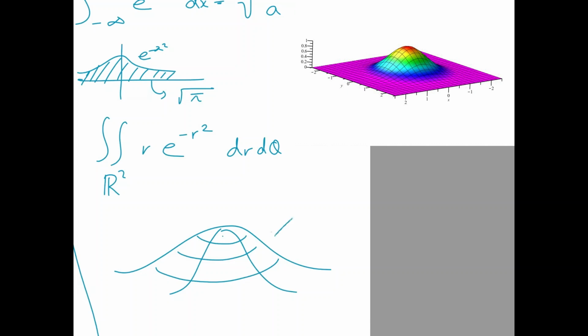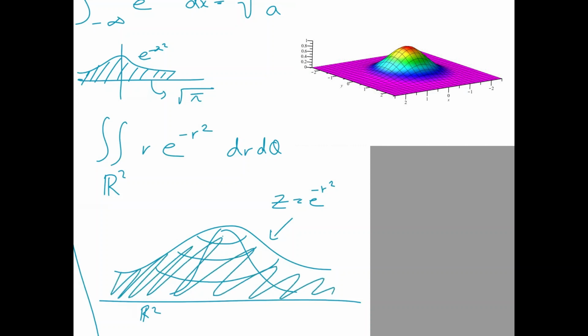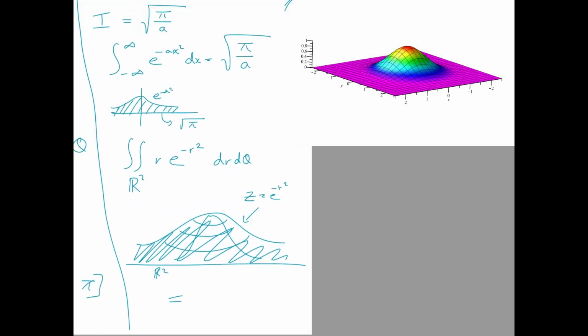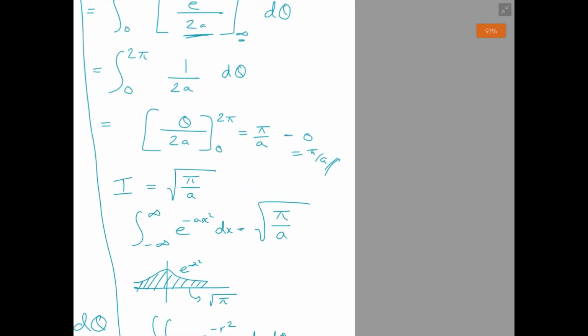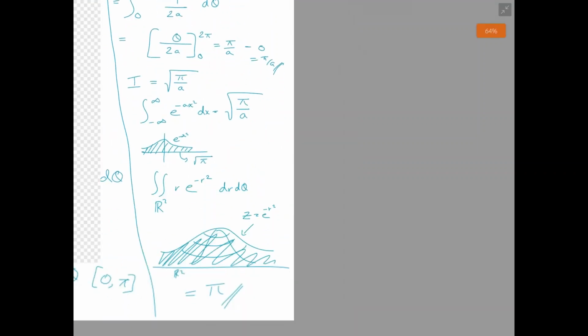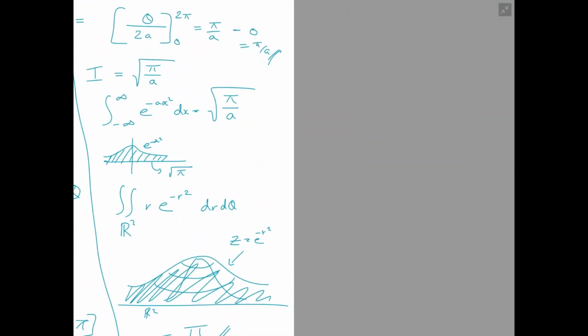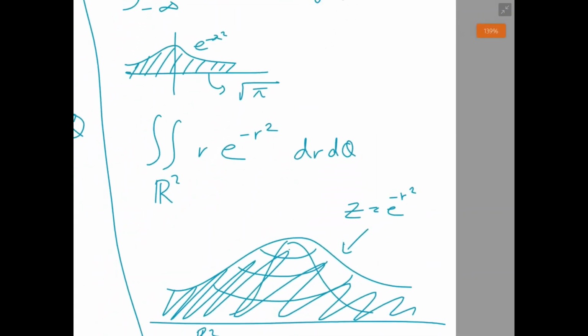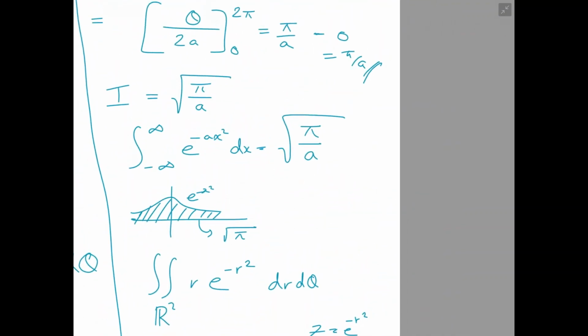So it'll be like this lump bound by the surface z equals e to the minus r squared and the entire xy plane R2, and the volume bound between these two surfaces would be exactly equal to pi, because I squared, if you remember, is equal to pi over a. So if a were 1, this volume would be exactly pi, which is a pretty cool result if you think about it. So yeah, that is your final answer.